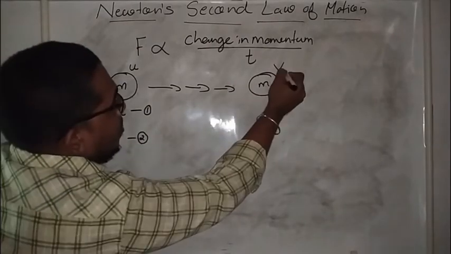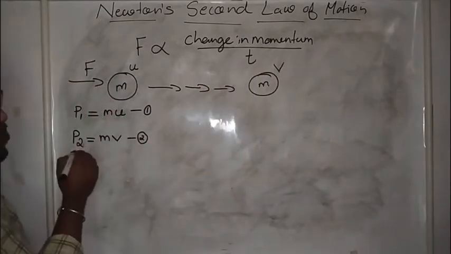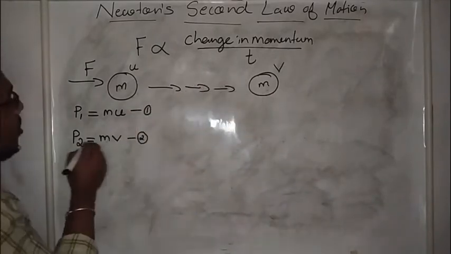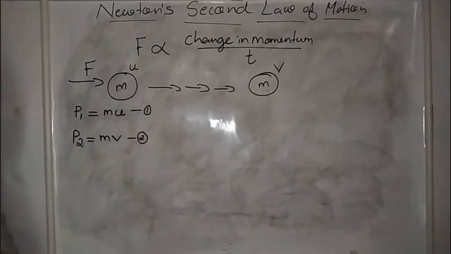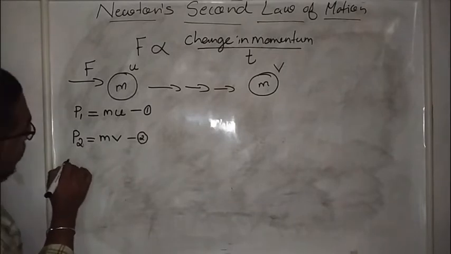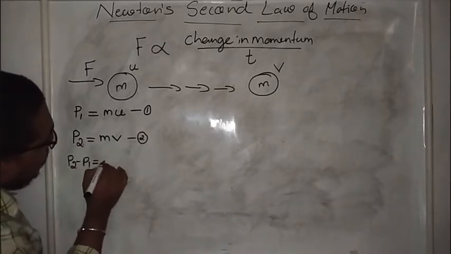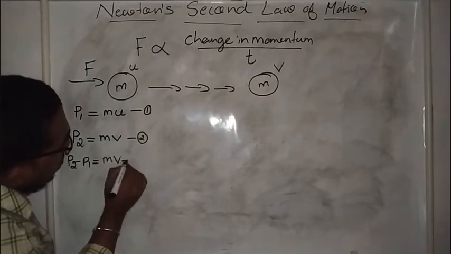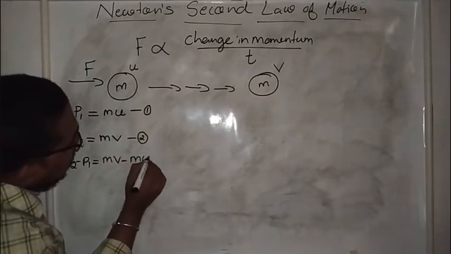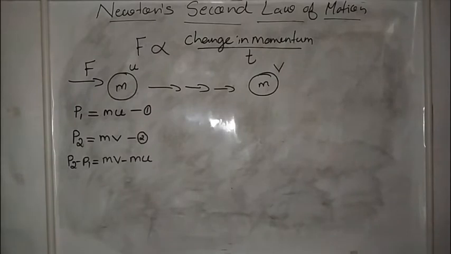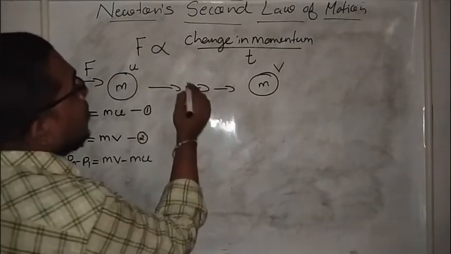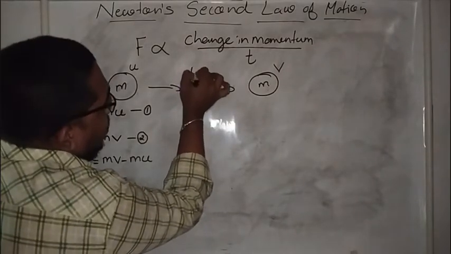Now the change in momentum, that is P2 minus P1, is equal to final momentum minus initial momentum. And we know that all these things happened in a particular time called t.